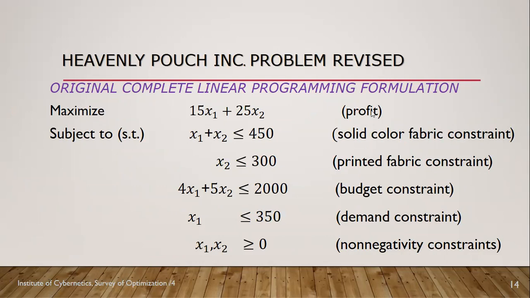Here we have the objective to maximize the profit. Also, we have 4 constraints regarding the input information, and in the last line, traditionally, non-negativity of decision variables. Recall that X sub 1 reflected the number of non-reversible carriers produced, and X sub 2 reflected the number of reversible carriers produced.